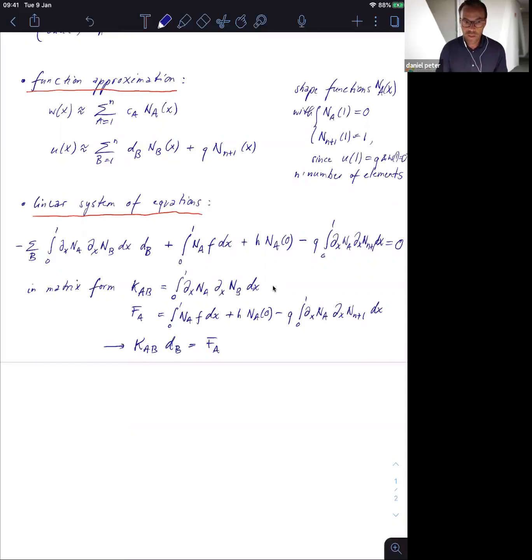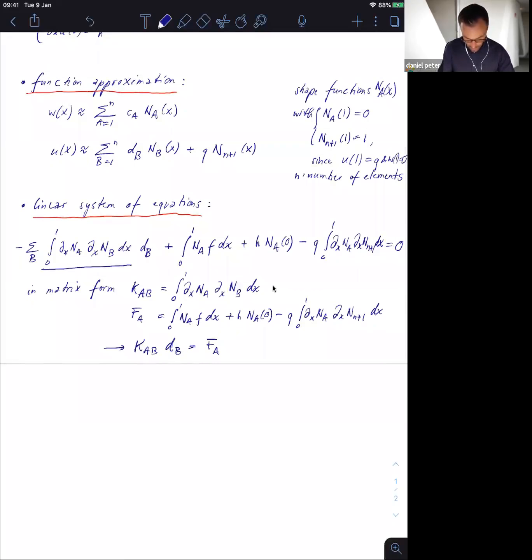And again, I shuffled a bit around the expressions. But what you see basically is we have these integral terms, which become K_AB.